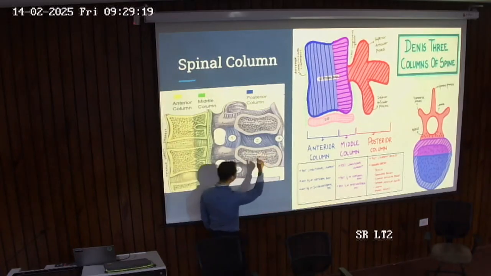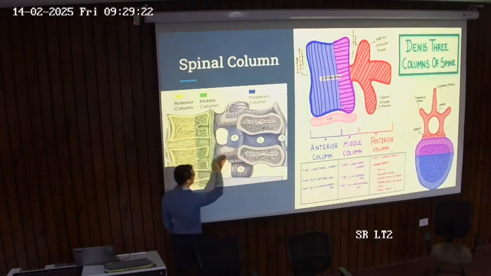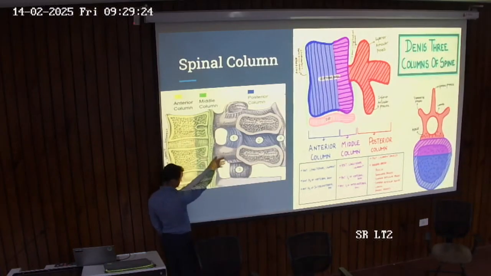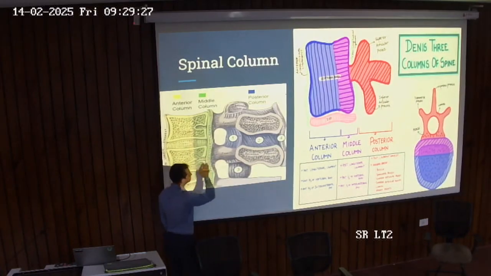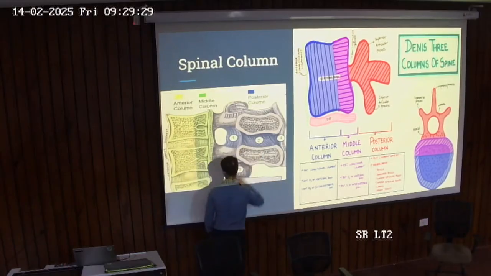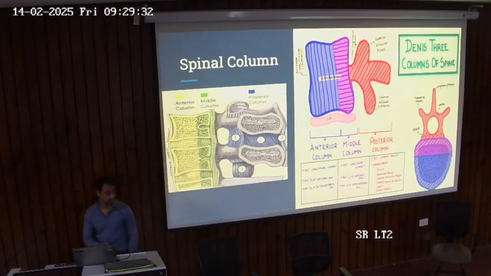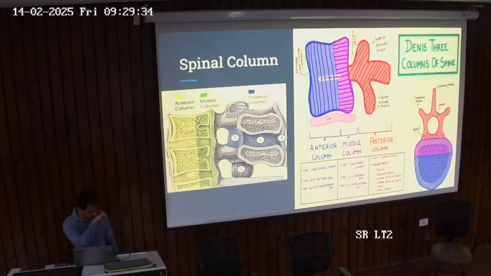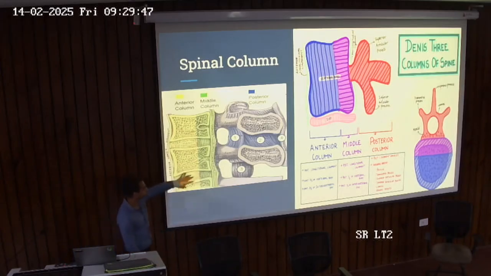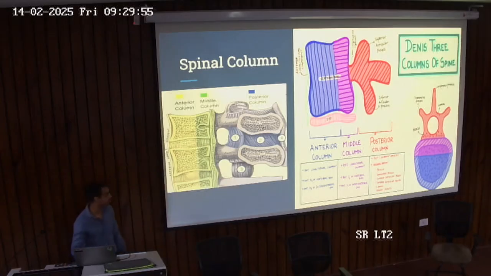Spinous process, transverse process, lamina, pedicle, which joins the posterior structures to the vertebral body, and the three ligaments: the interspinous ligament, the ligamentum flavum, and the intertransverse ligament. Okay, so when spinal trauma happens, depending on which column is damaged or how many columns are damaged together, we decide the treatment, which is why this classification was given.